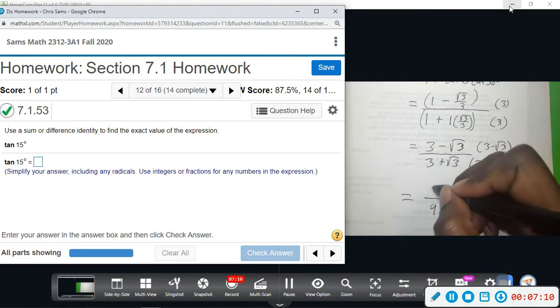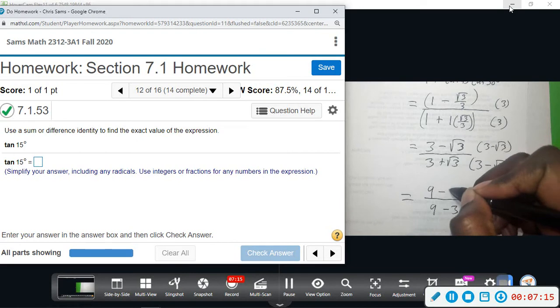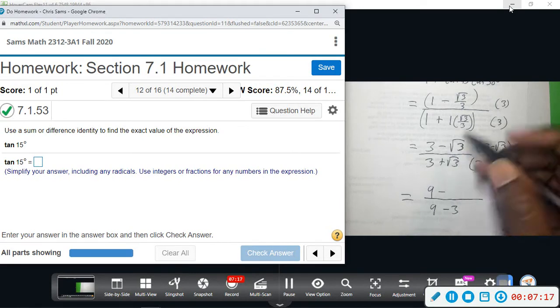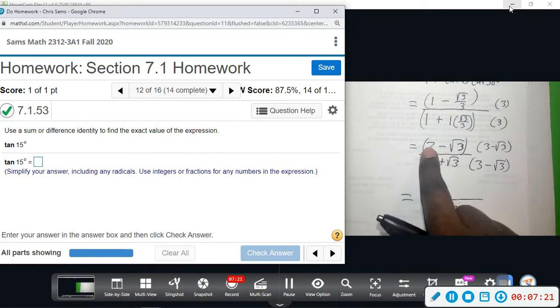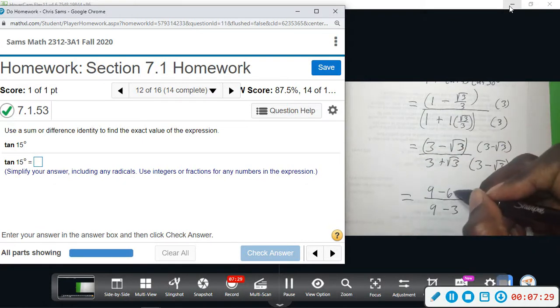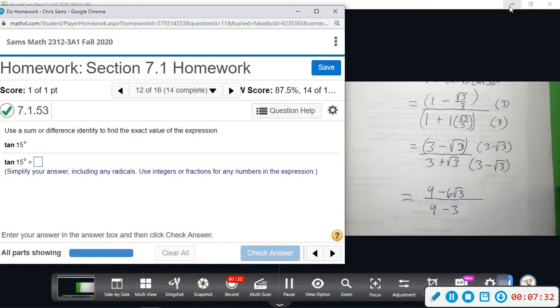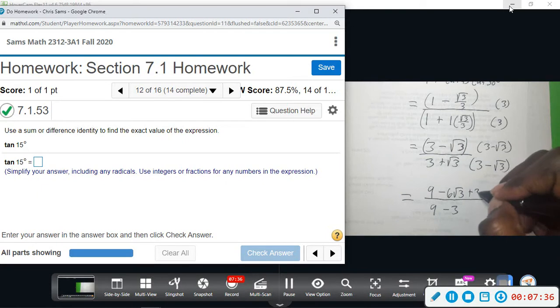So that will give us 9 minus, and this is the same thing as multiplying it by itself, squared. You square the first term, which gives us 9. Multiply these two together, and they give me negative 3 square roots of 3, but double it, so negative 6 square roots of 3. And then you square the last one, so that'll give us a plus 3.